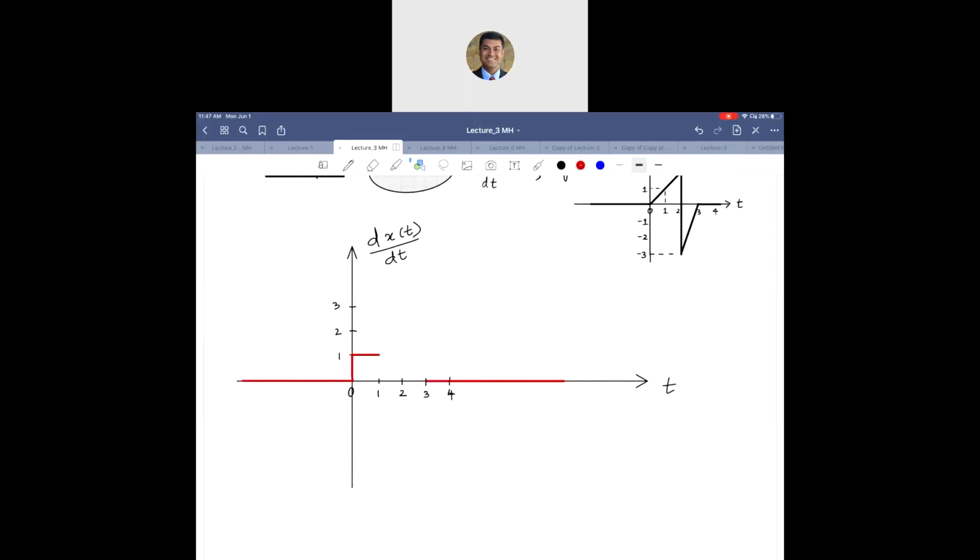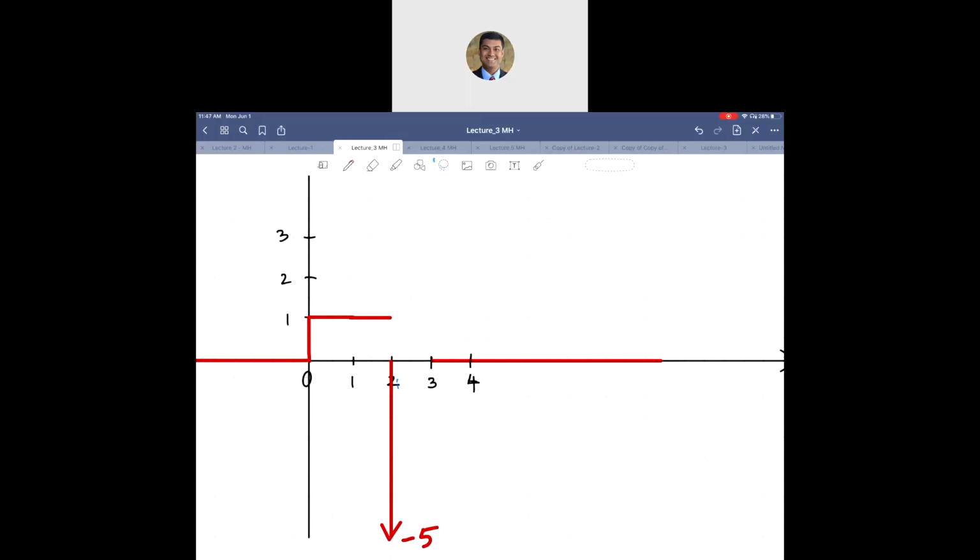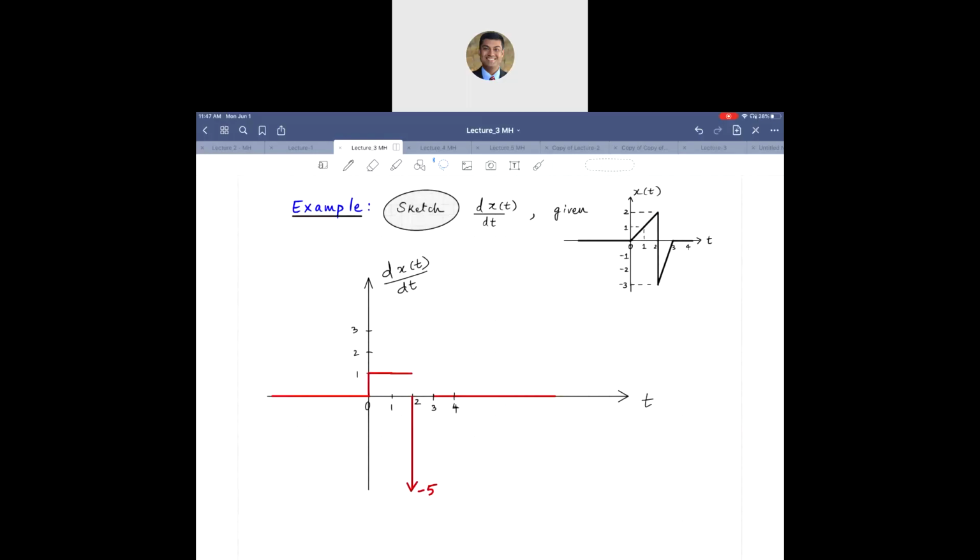So I can extend this even here until here. And at 2, I'm going to get an impulse pointing down. Weight would be -5. That's because of the discontinuity. Let me move this 2 a little bit to the right so that you guys can see it.